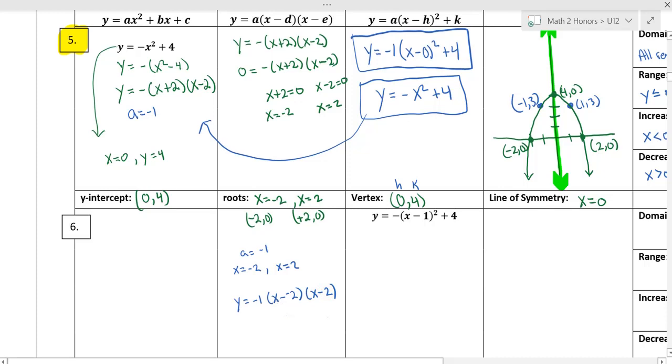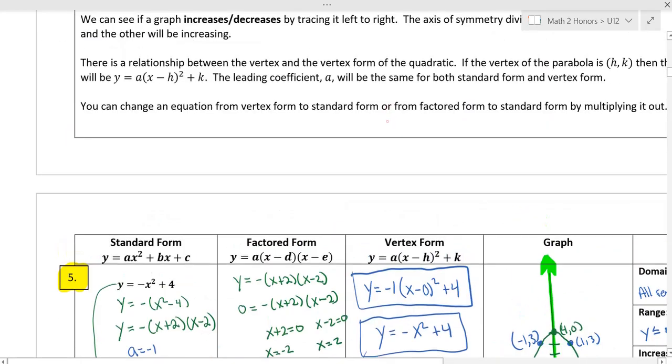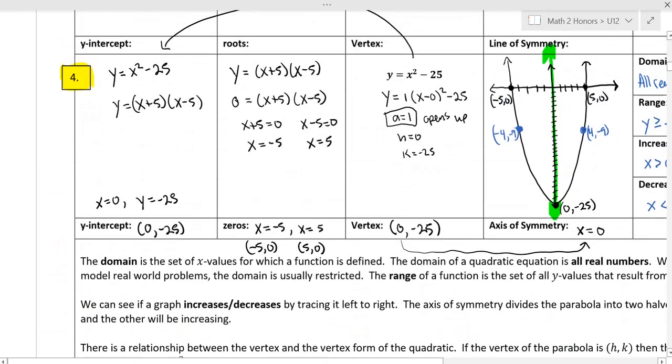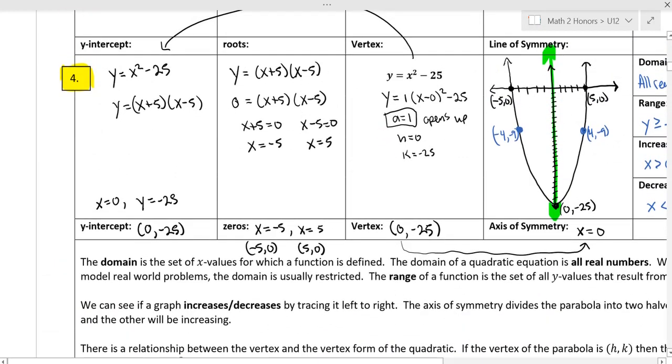So it's x minus your root. So my -2 went there, my 2 went there, and double negatives make a positive. So this is y equals -1 x plus 2 times x minus 2. So that's nice to know. If you know the roots, you can easily write factored form, and that will come into play later on to know that relationship.